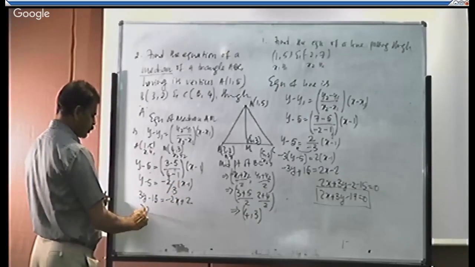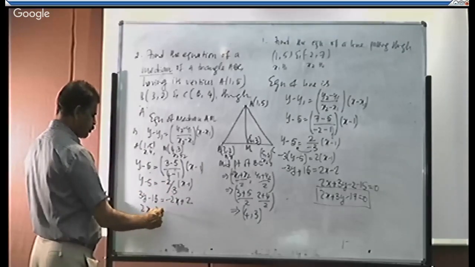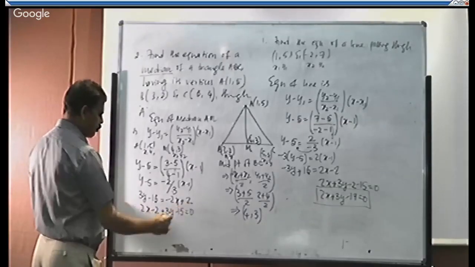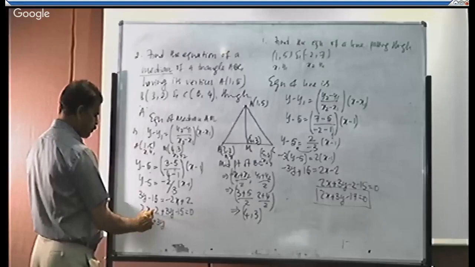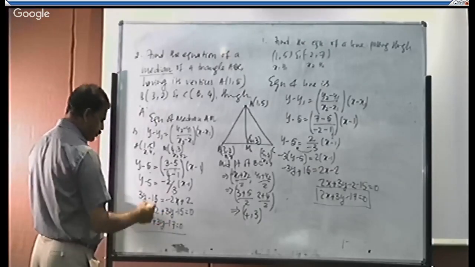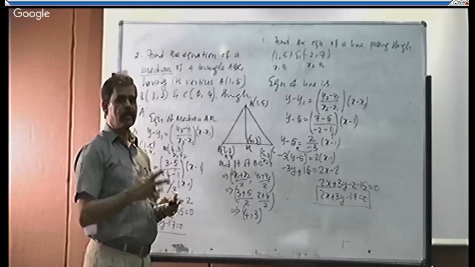Take these to the other side: minus 2x minus 2 plus 3y minus 15 equals 0. Or 2x plus 3y minus 17 equals 0.